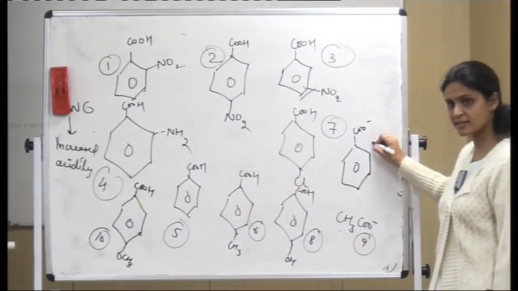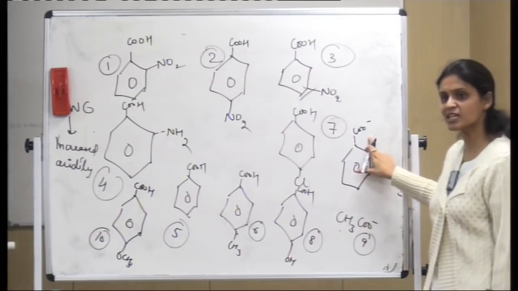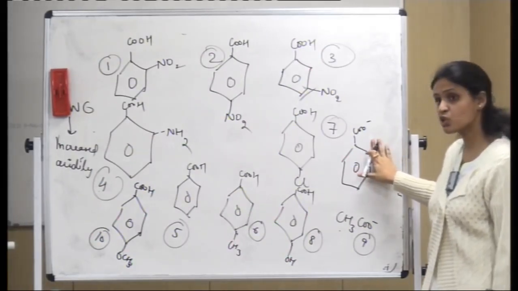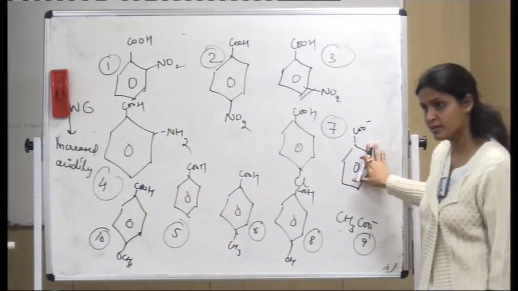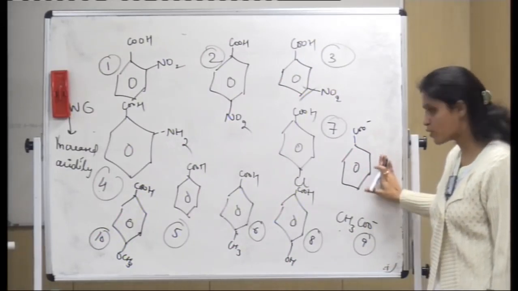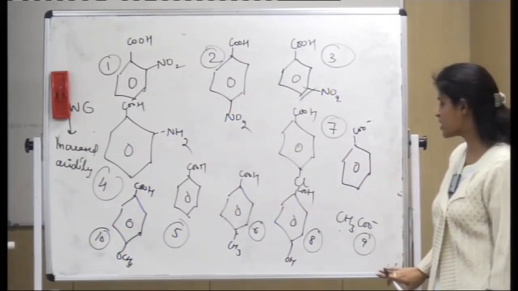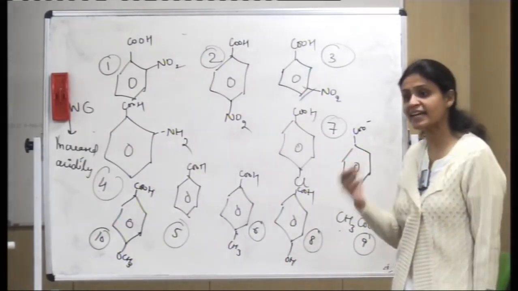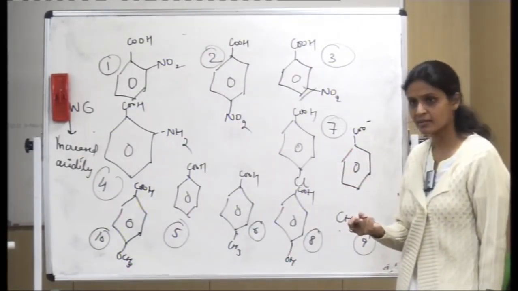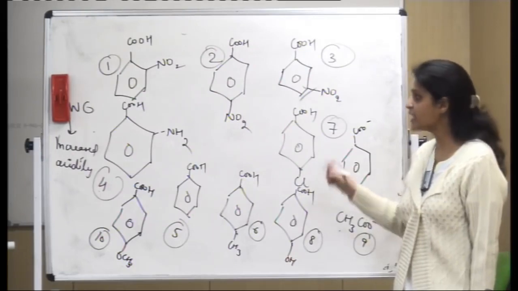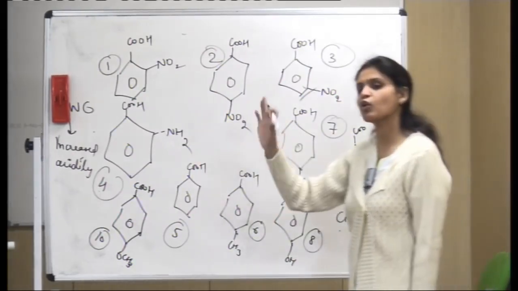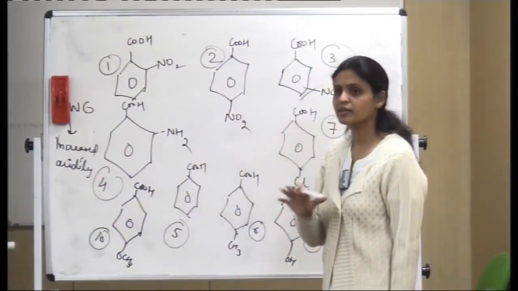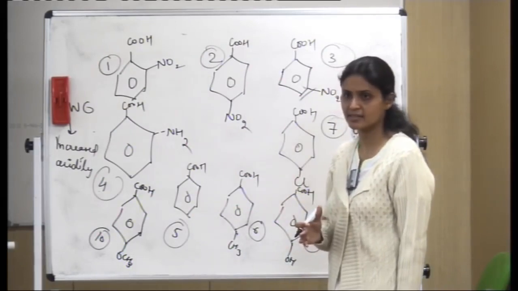After losing a proton, an aromatic acid can get stabilized due to the resonance effect, and hence aromatic acids are always stronger acids than the aliphatic acids.